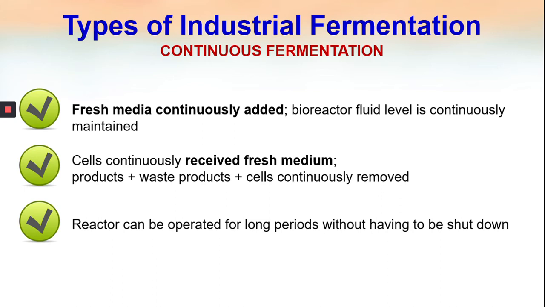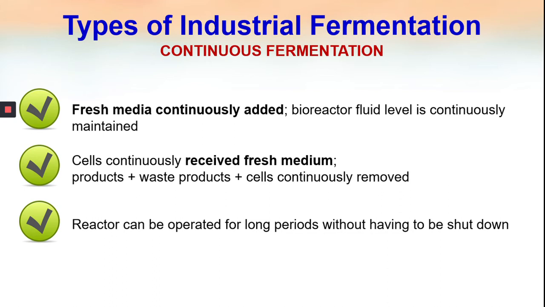Under continuous fermentation, for each amount of fresh medium that is inserted into the tank, the same amount will be withdrawn from the tank. That means if you insert 1 liter of fresh medium into the fermentation tank, you need to withdraw 1 liter from the previous medium.